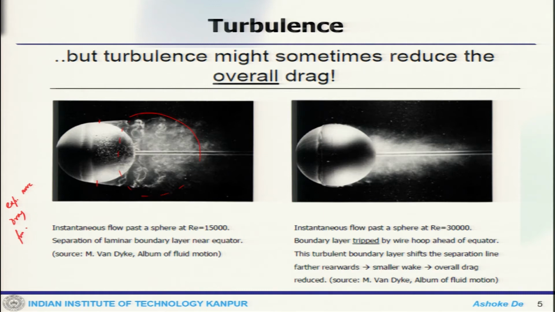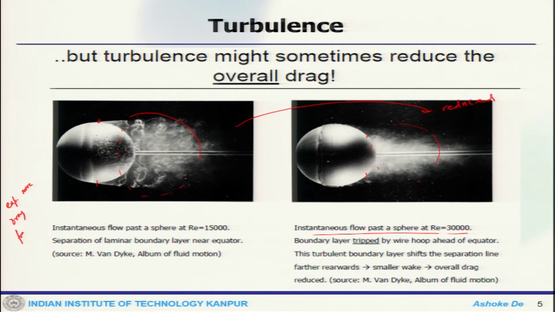At the same time, for the same sphere, you go to a Reynolds number of 30,000, which is a higher Reynolds number situation, a turbulent situation. So, the tripping of the boundary layer, or the separation point of the boundary layer, has moved from this position to this position. The zone having the adverse pressure gradient, from here to here, is quite reduced.